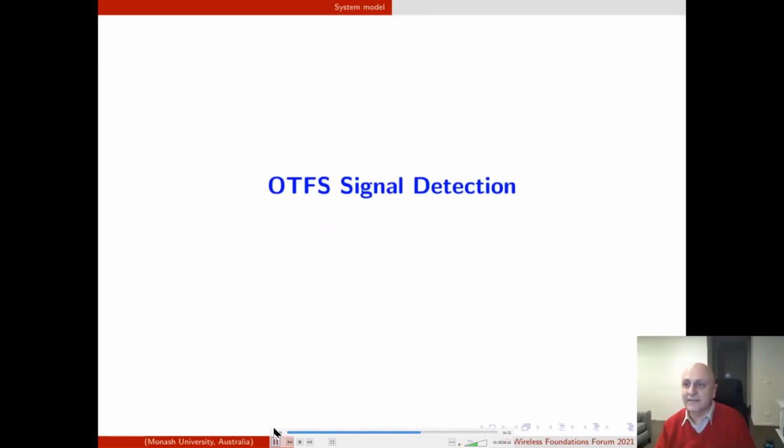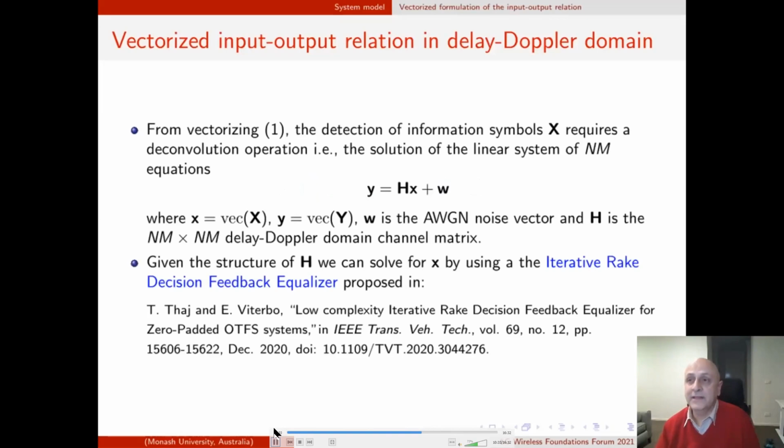So let's have a look at the specific OTFS signal detection. When we look at the input-output relation in the delay-Doppler domain, we've seen it's a twisted two-dimensional convolution. We can represent that in a matrix form where the received vector y is a matrix H times x plus noise, where the matrix H gives the delay-Doppler domain behavior.